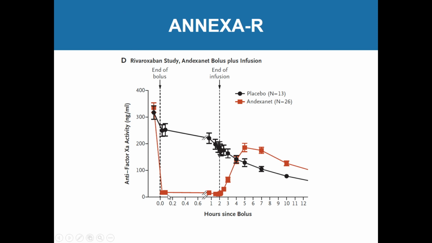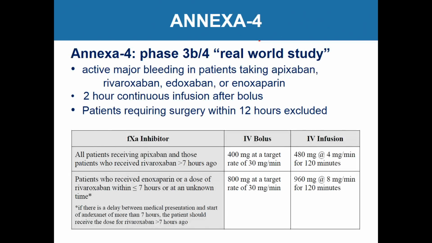The curve looks very similar for apixaban. At 4 hours after initiation of the bolus, the plasma activity of rivaroxaban reverts to where it would be had there been normal decay of rivaroxaban.